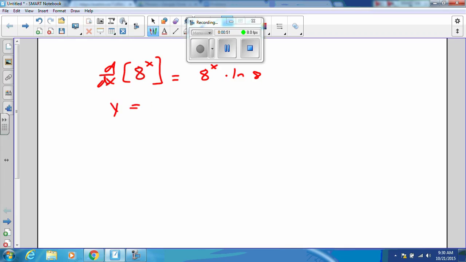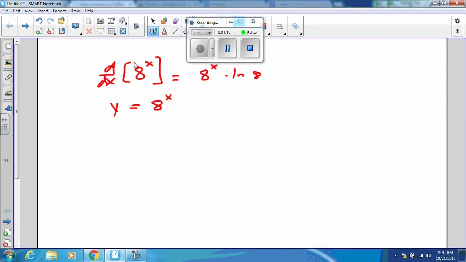So there are two ways that I could get to the derivative of 8 to the x. One of them requires logs, which I'm going to talk about today, and one of them requires rewriting 8 to the x as an exponential with base e.